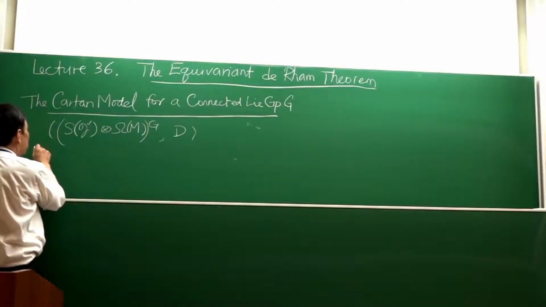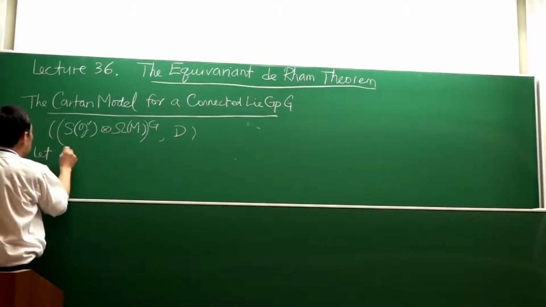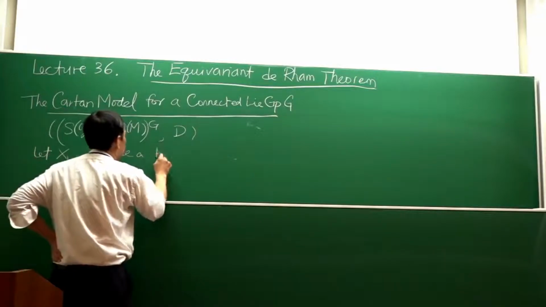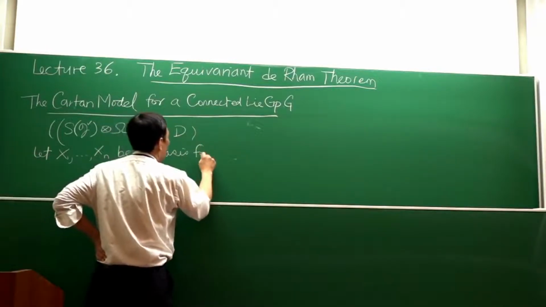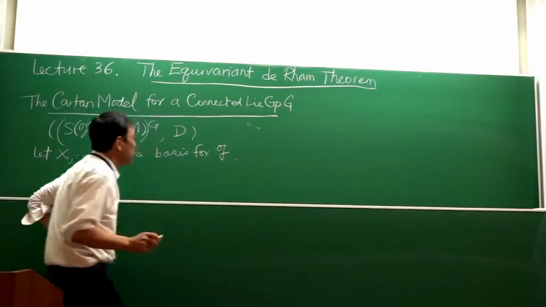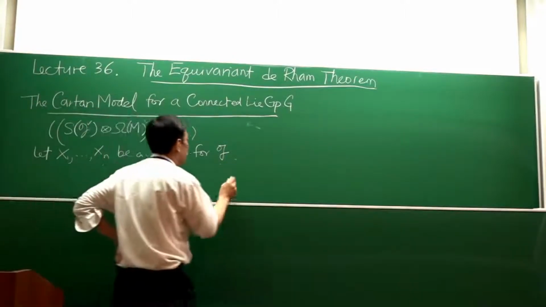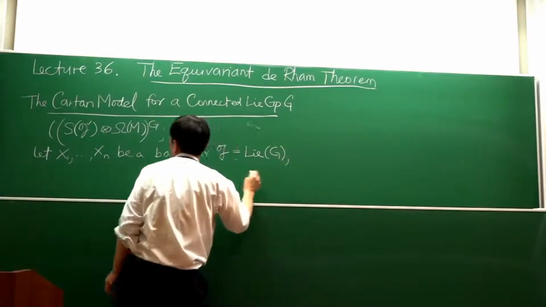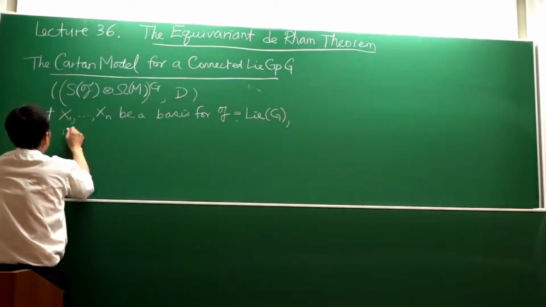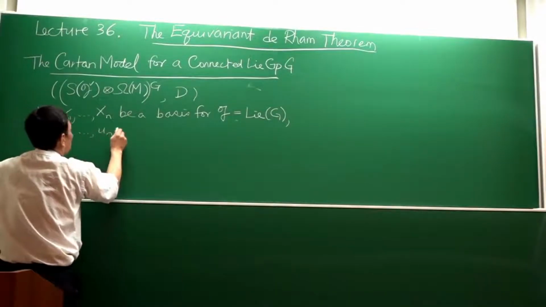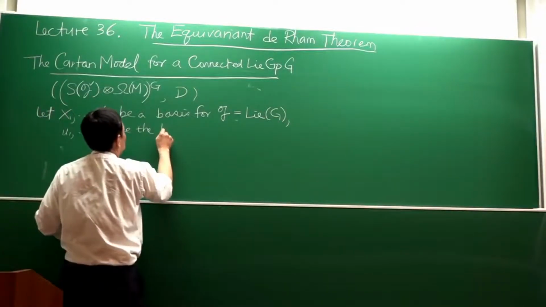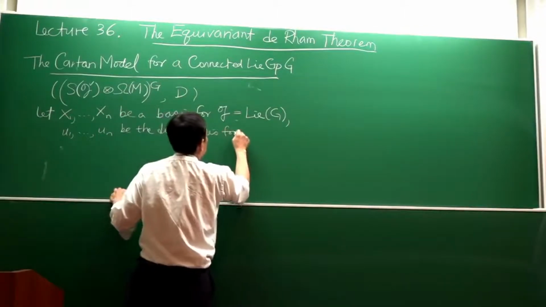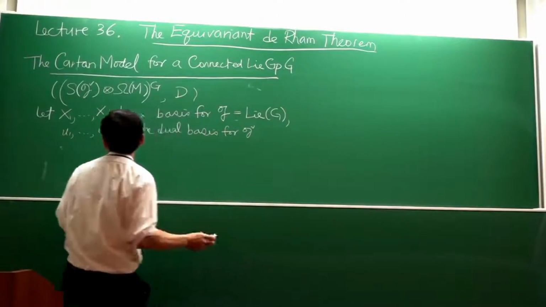Okay, so we let x1 to xn be a basis for the Lie algebra g of G, and u1 to un be the dual basis for g dual.